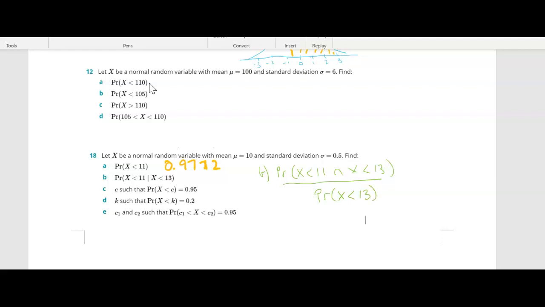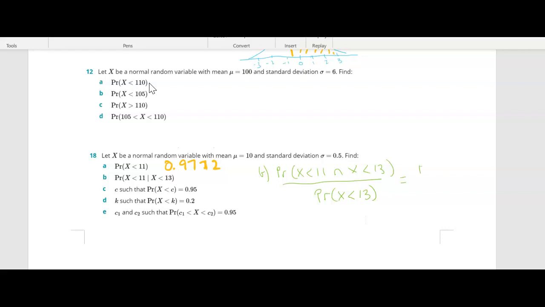That's just substituting these values into the conditional probability formula. Now I don't think we've done conditional probability yet in normal, but normal is the same as continuous random variables, sorry, wrong C word.